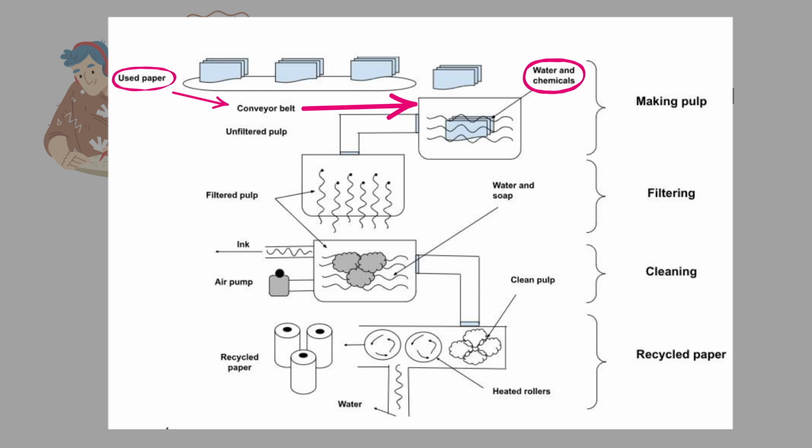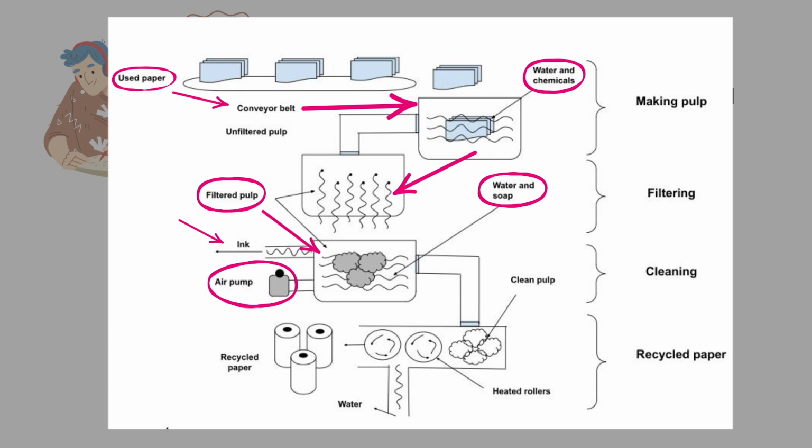Then it is rotated through this part, which is unfiltered pulp, and they are put into another tank, which is filtered pulp. They are changed into filtered pulp, and after that they are put into another tank where water and soap exist. Then the air pump pressurizes the air, and the ink is emitted from the mixture here.